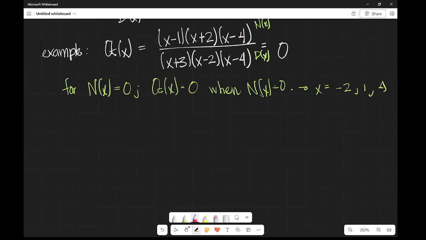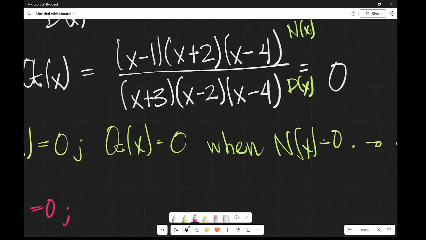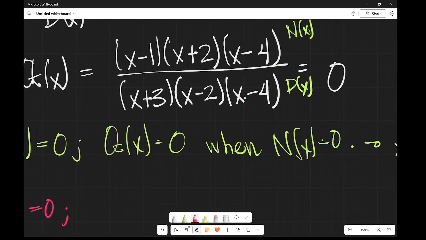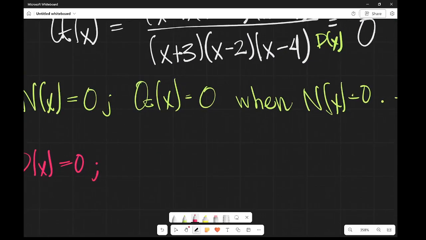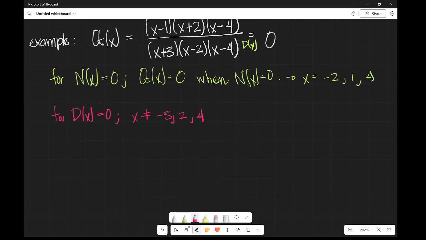But let's figure out what happens for d of x equals 0. That tells us that none of these individual factors can equal 0, so we can't have negative 3, positive 2, or positive 4. I'm just going to write x cannot equal negative 3, 2, or 4. These are undefined regions of the graph along the x-axis.